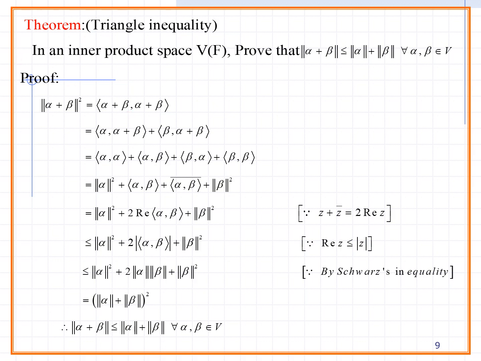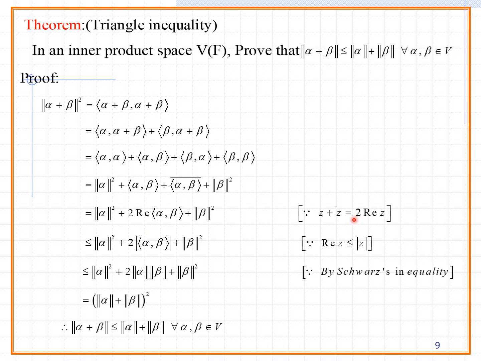Once you apply this property, let us see: norm alpha squared plus the inner product of alpha comma beta, plus the inner product of beta comma alpha, which can be written as the conjugate, plus norm beta squared. Recall that z plus z bar, where z is a complex number plus its conjugate, equals 2 times the real part of z.